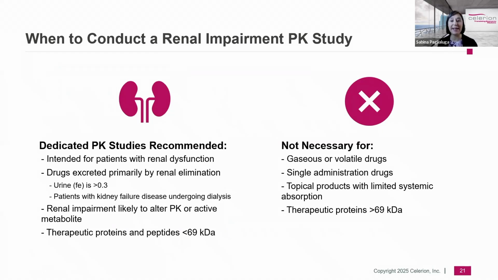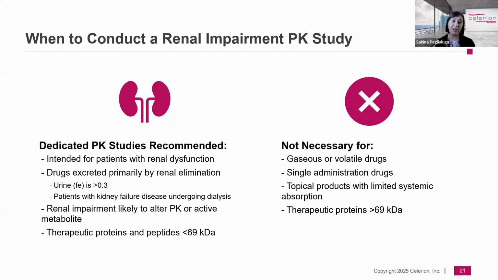The FDA recommends that a dedicated renal impairment PK study be performed for drugs that are intended for patients with kidney disease, and if the drug is mainly eliminated by the kidneys. Now, small proteins and peptides may undergo glomerular filtration, so a dedicated renal impairment PK study may be warranted in this situation.